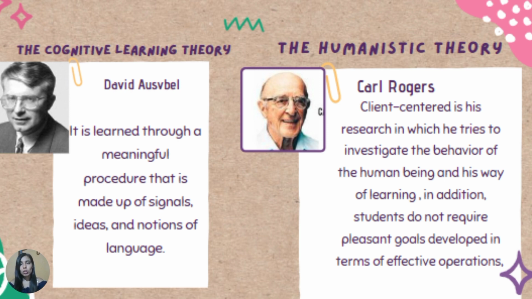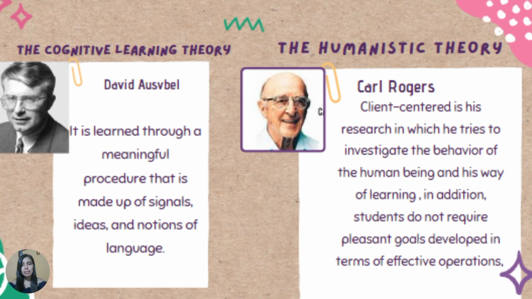It is learned through a meaningful procedure that is made of signals, ideas, and notions of language. The information is related to cognitive domains and depends on the person, human needs, goals, and motivations.